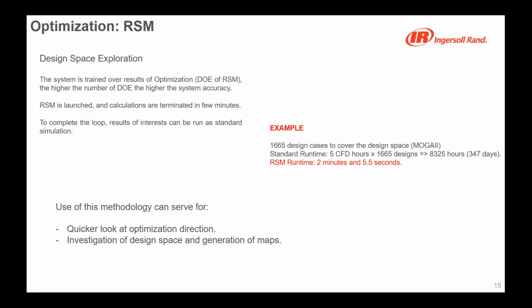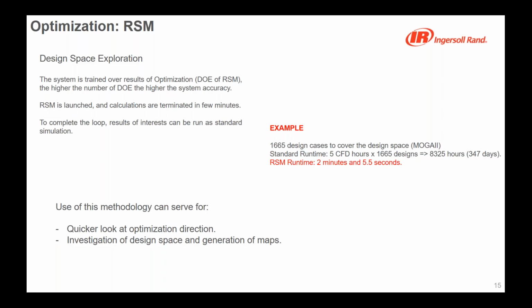How can I use it, and which are the benefits of it? First of all, if you are in early design stage, you can have a quicker look at the optimization direction. With the RSM, you can really decide to explore the full design space if you do not have an idea of where your design space best fits. But on the other side, you can also investigate some particular area of the design space to get some interesting information.